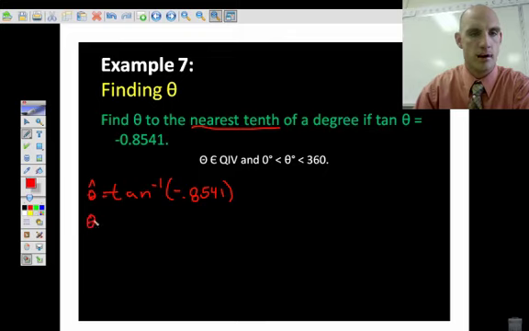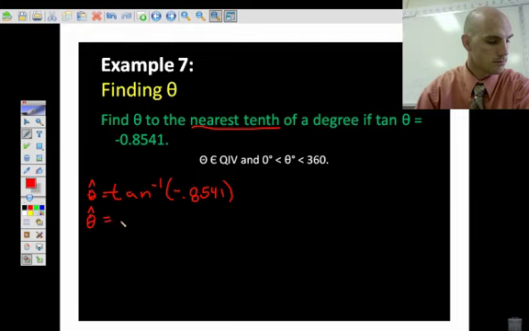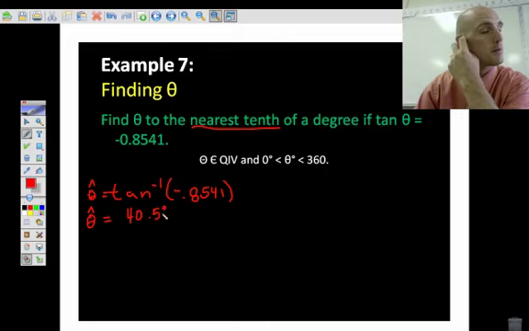So that means that my theta hat is going to be equal to 40.5 when I put that into my calculator. Okay, so that's going to be my 40.5.